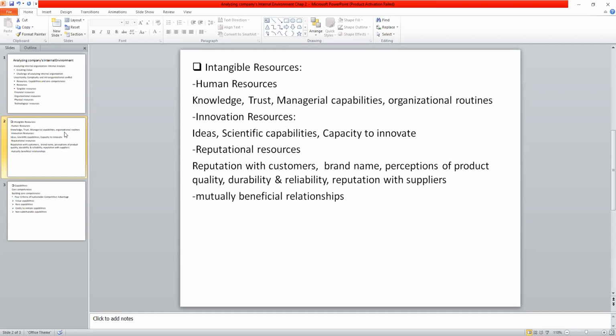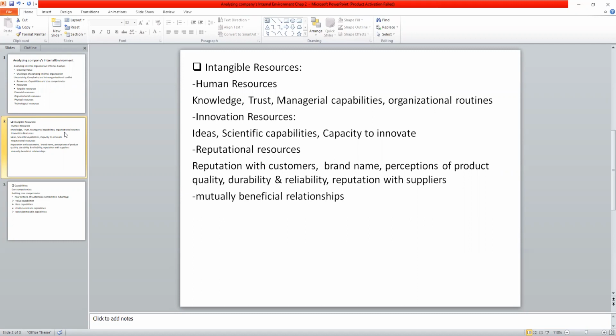Also, there are non-substitutable capabilities. They are the capabilities that do not have strategic equivalence. Now, this is the final criterion for a capability to be a source of competitive advantage. Two valuable firm resources are strategically equivalent when each can be separately exploited to implement the same strategies.